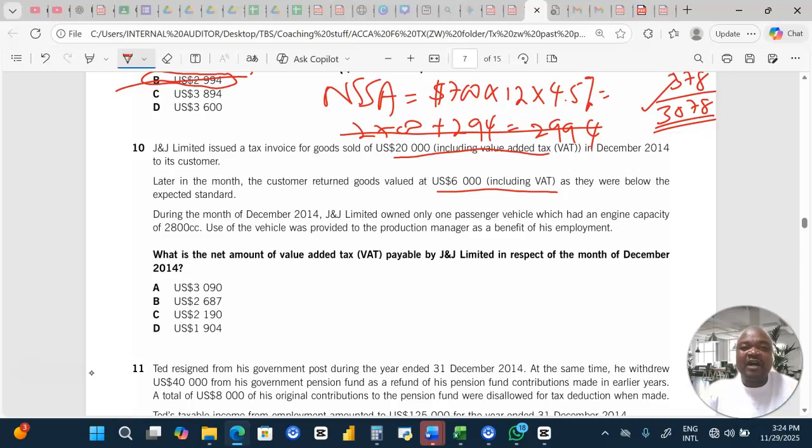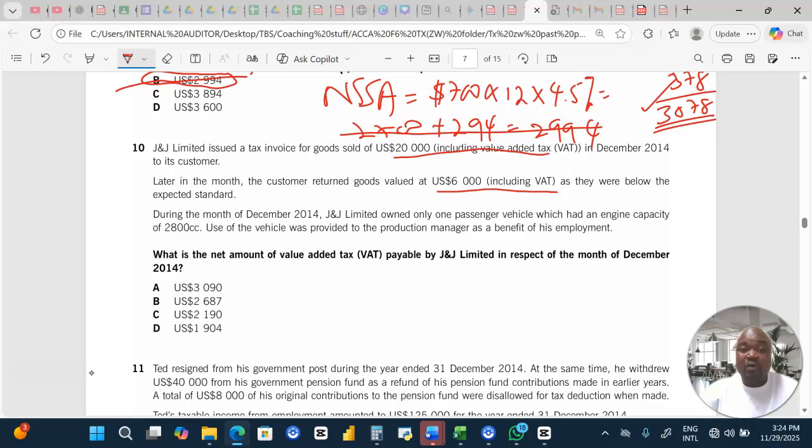During the month of December 2024, JJ Limited owned only one passenger vehicle which had an engine capacity of 2,800 cc used. The use of the vehicle was provided to the production manager as a benefit of his employment.